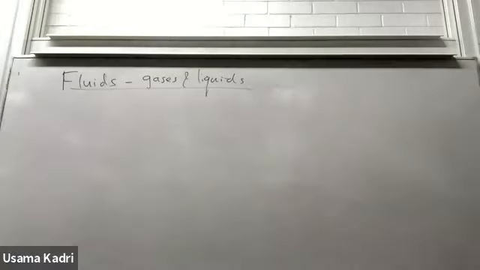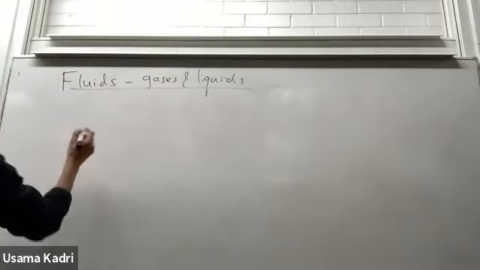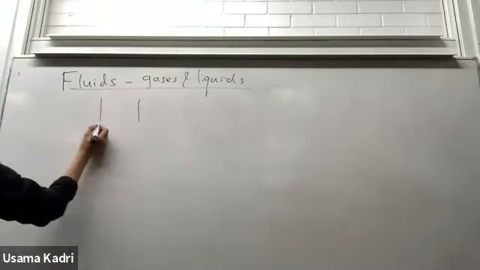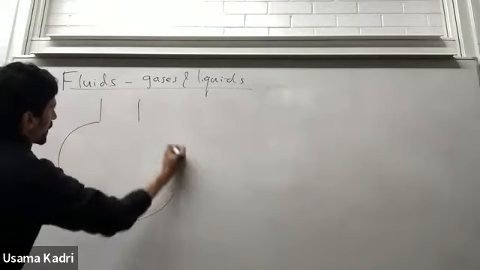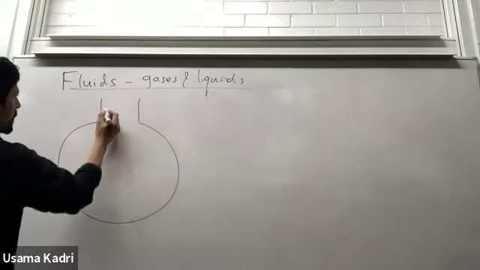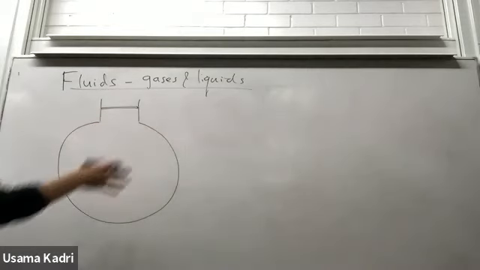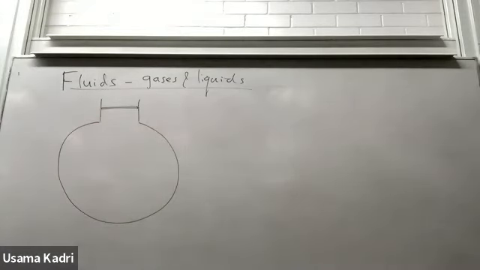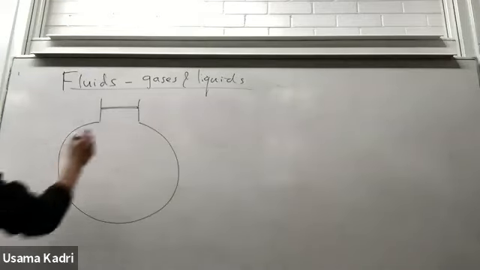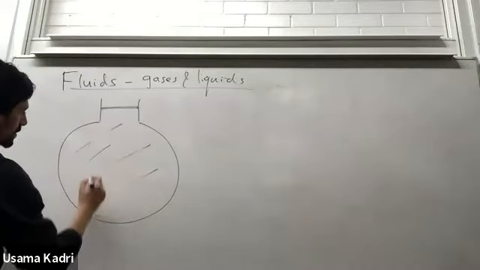Now, imagine you have a container, and that container has some liquid inside it, and it's completely sealed. It's closed from all directions. So there's liquid inside. Well, there's fluid inside.